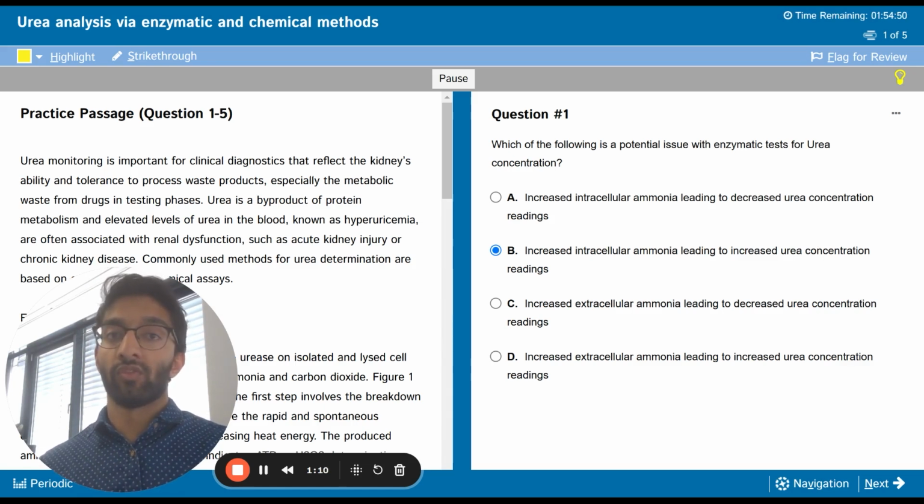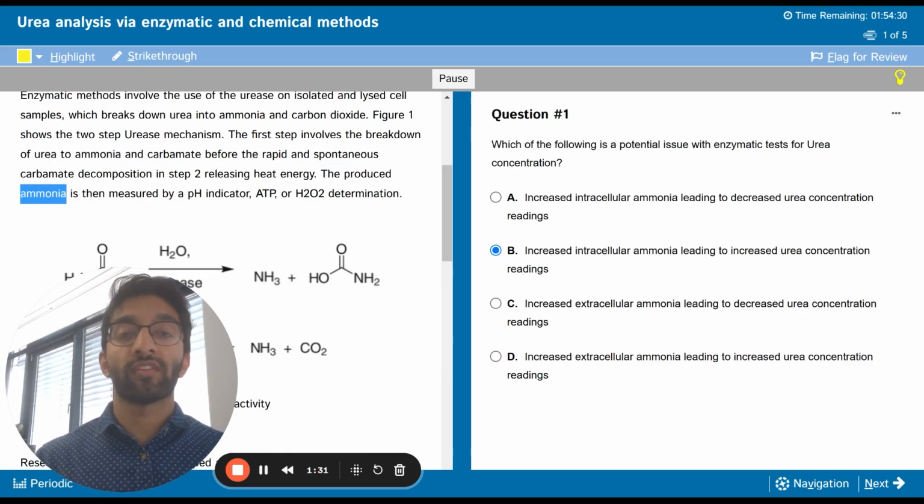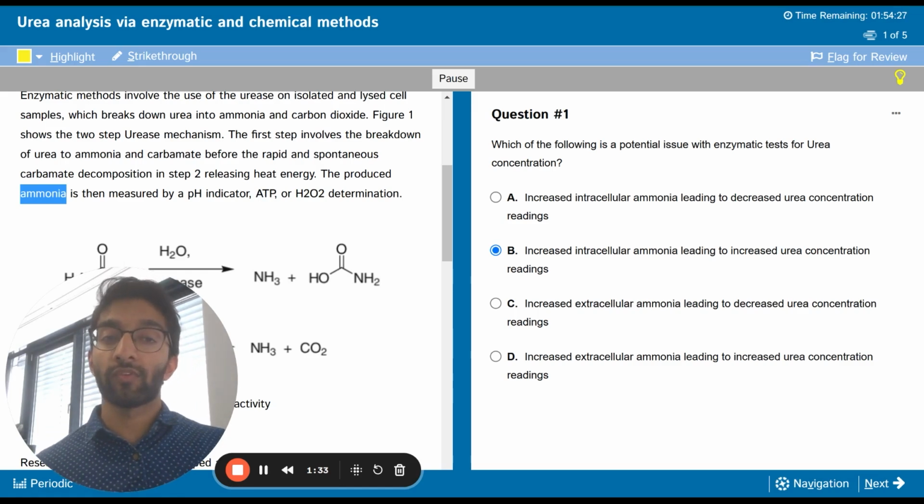The point is to be able to quantify the amount of urea we have in a sample, because we add the urease and then it produces something. And if you remember from the passage, the produced ammonia is then measured by a pH indicator, ATP or H2O2, right? The point is that ammonia is used as a proxy for the amount of urea.